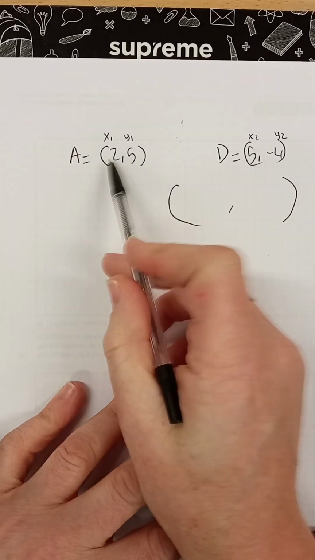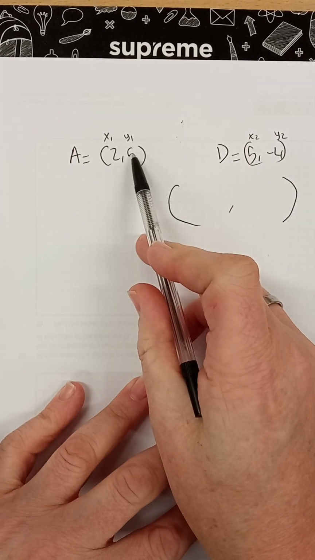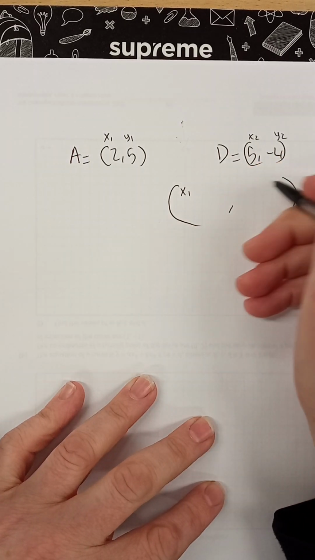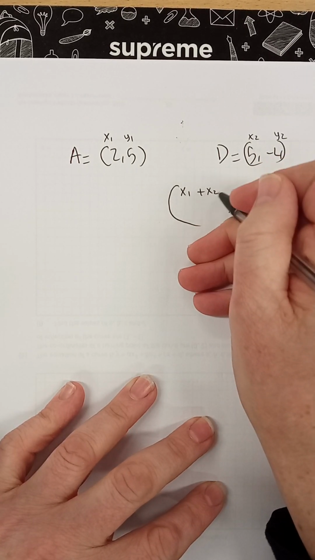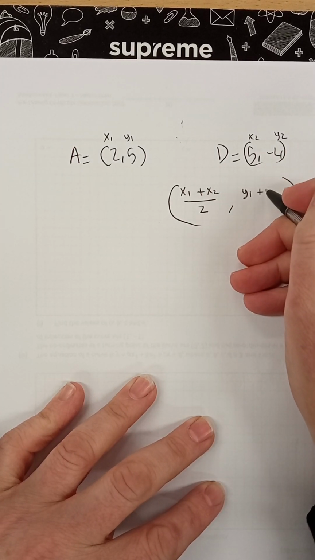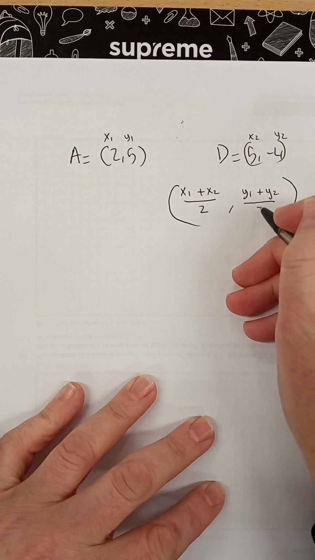Somewhere in here there's a number that's halfway between 2 and 5 and between 5 and minus 4. So how do I do it? Well, I just add my 2 x values and I half the answer, and do the same with the 2 y values and half the answer.